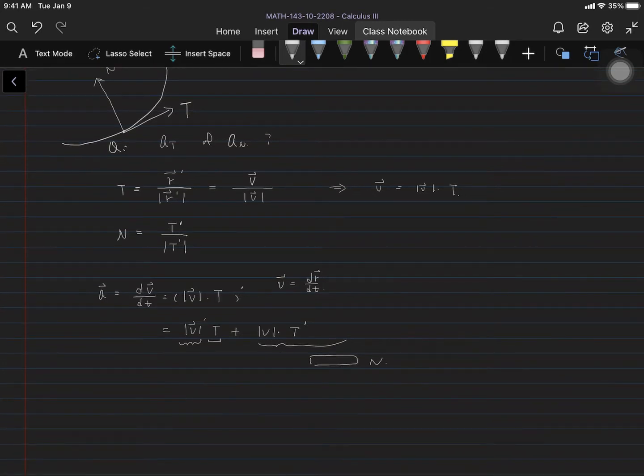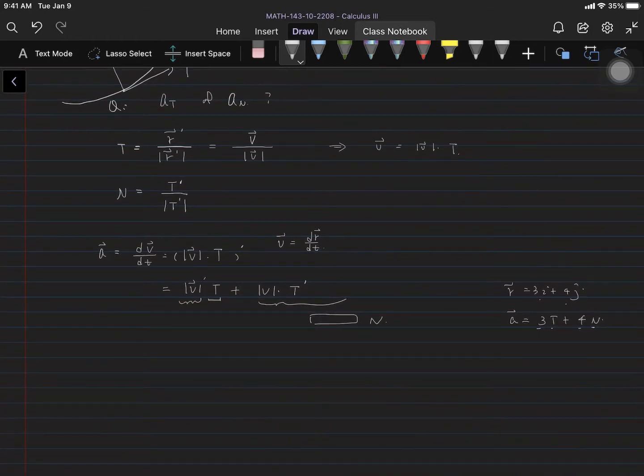So think about the vector 3i plus 4j. This means i's component and j's component are 3 and 4 respectively, right? So if we want to write down a vector as, for example, 3T plus 4N, that is the component in the tangent direction and the component in the N direction. That's what we want to do.